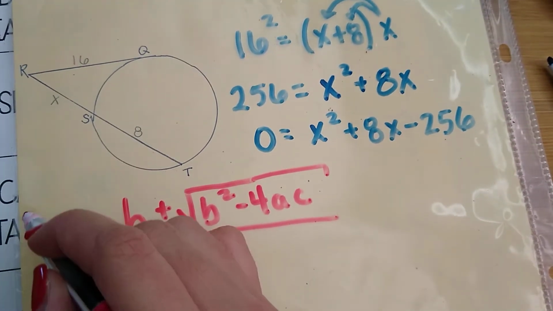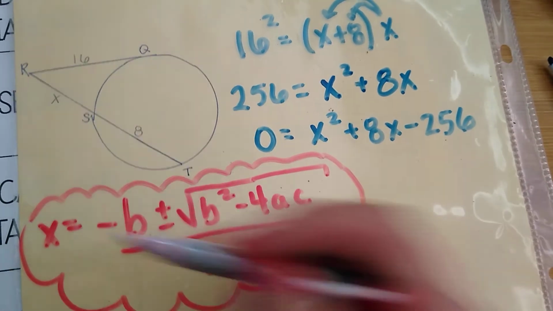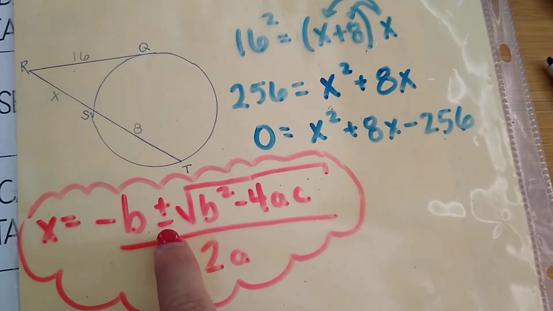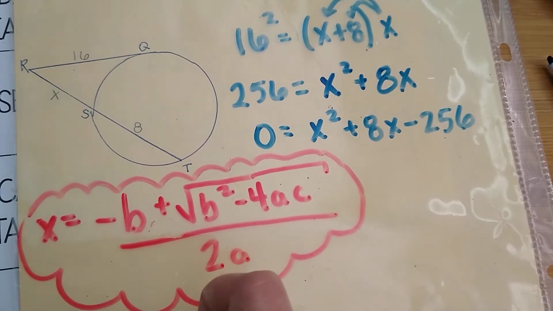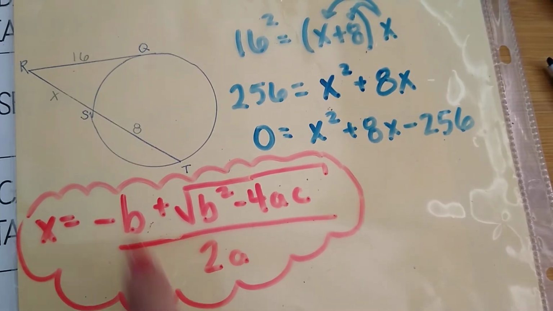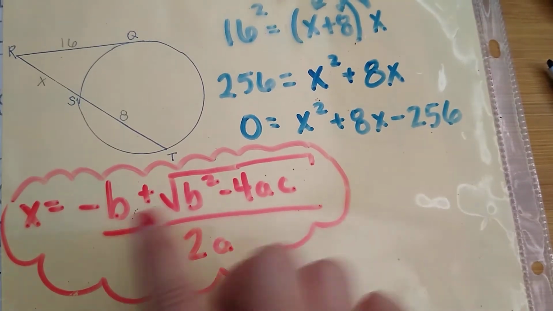That is just the quadratic formula. Okay, now I don't need to look at the negative portion because I'm not going to be working with a negative answer, right? I'm not going to have a negative length, so I know it can't be negative here.